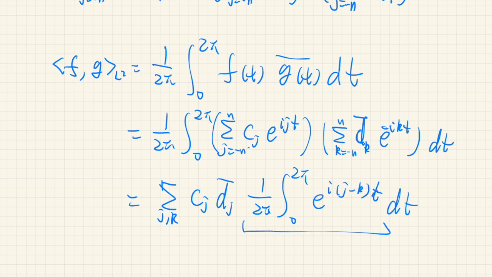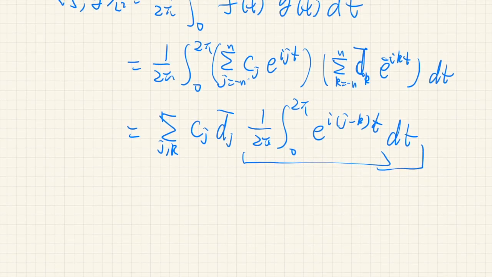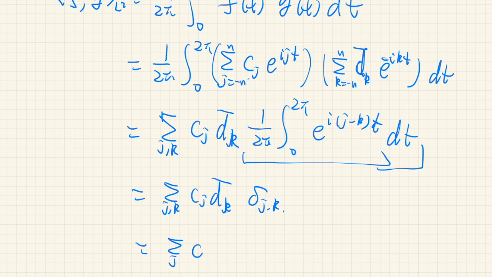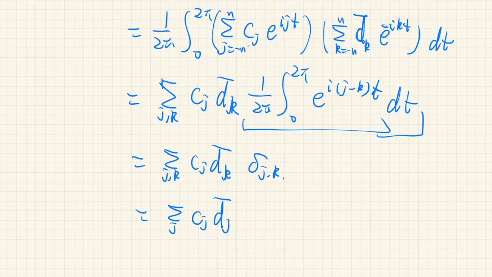And of course, this integral is the Kronecker delta. So we have the sum over j, k of Cj Dk bar delta jk. So this is equal to the sum of Cj Dj bar. And we are done.